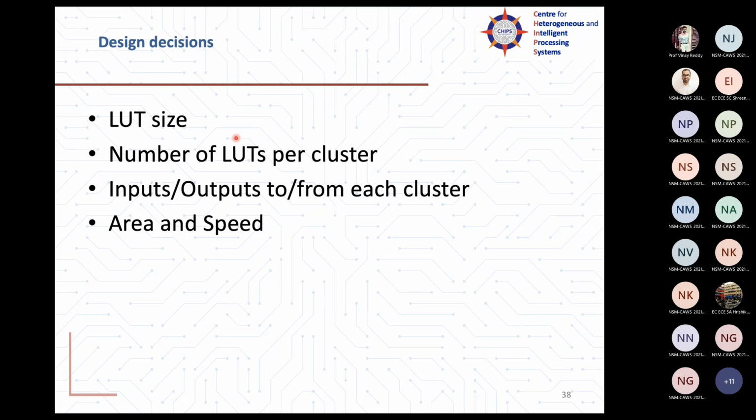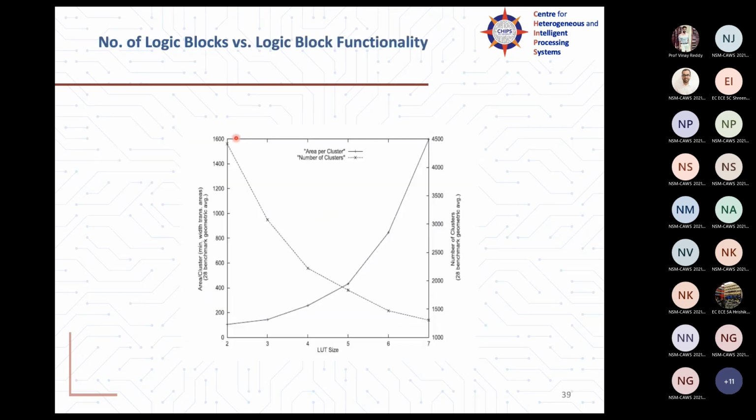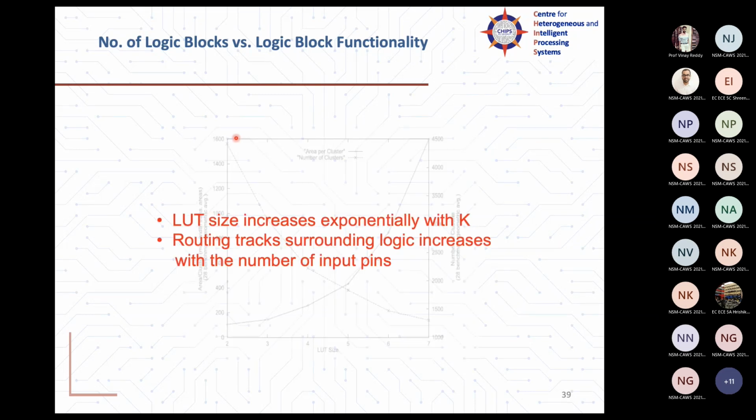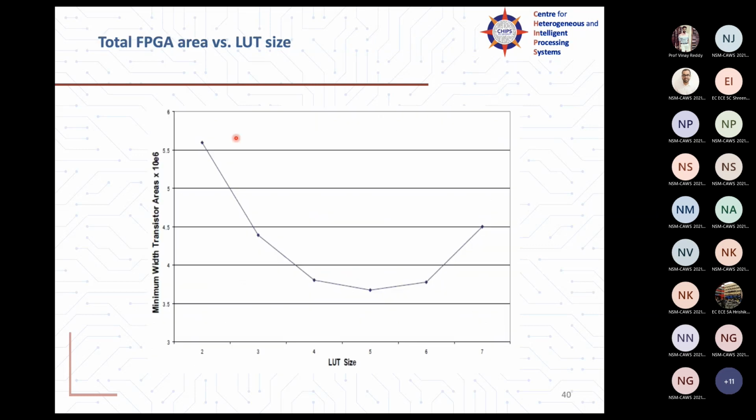So you have a single FPGA fabric that should accommodate a wide variety of applications. Only then it becomes beneficial. So people have looked at a wide set of benchmarks and have arrived at the fact that a 4, 5, 6 input lookup table is what is fantastic in terms of trade-off between area and delay, right?